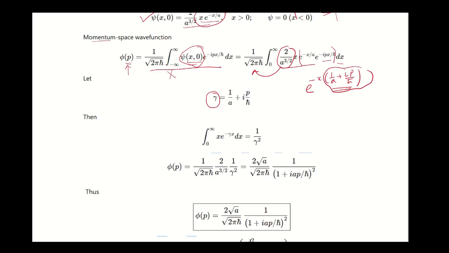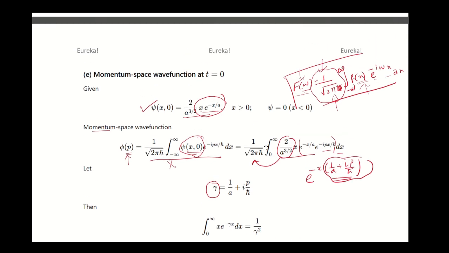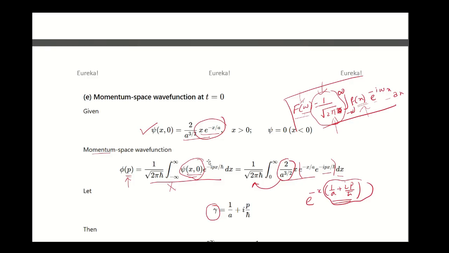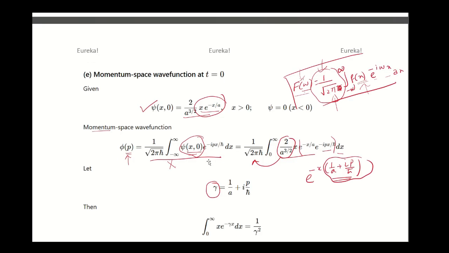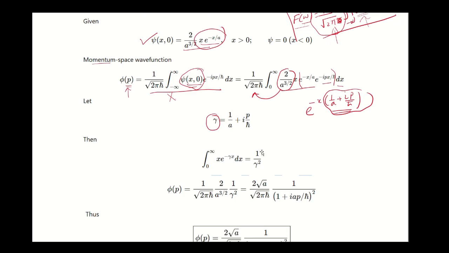If this function were an even function, then we could take it as 0 to infinity, but why is it taken 0 to infinity?